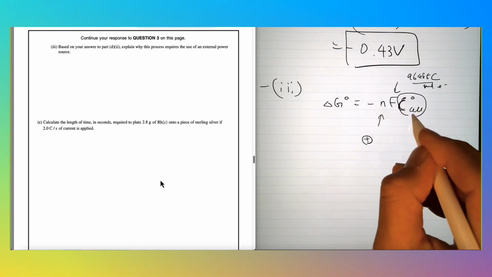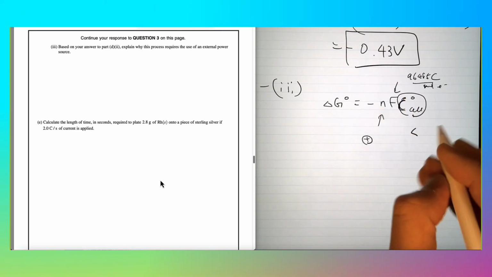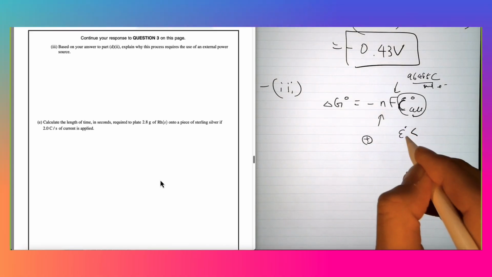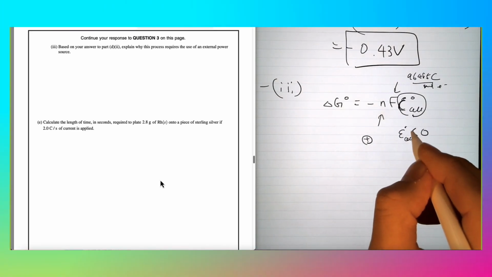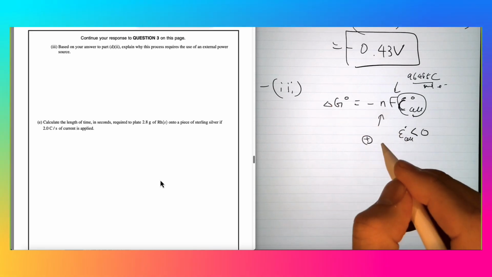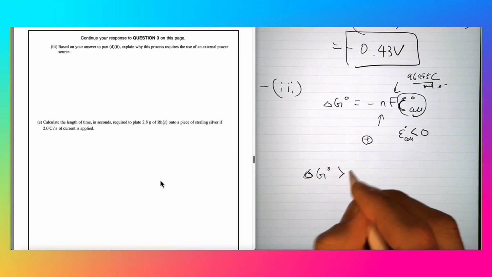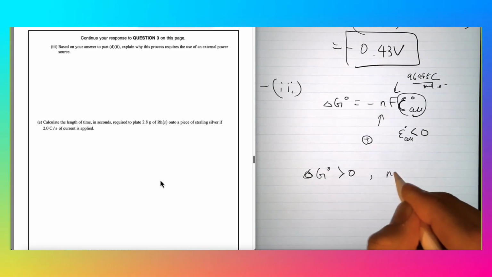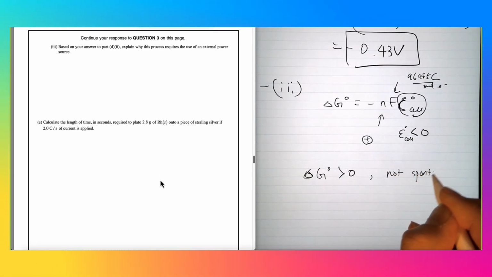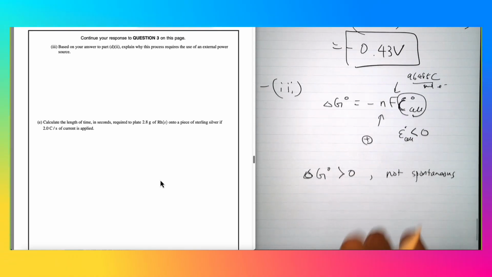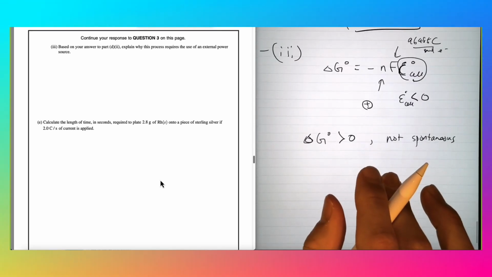So if the E0 cell is negative, negative times negative gives you positive. But if you have a positive delta G naught, that's not spontaneous. And that's the case here. Because it's not spontaneous, you need the external battery to offset that.